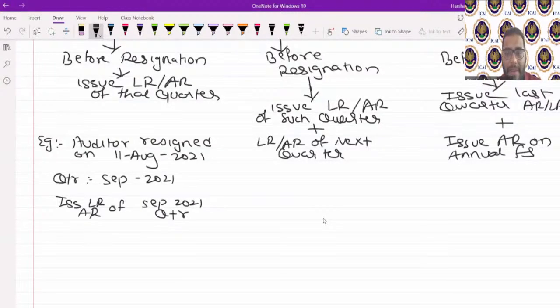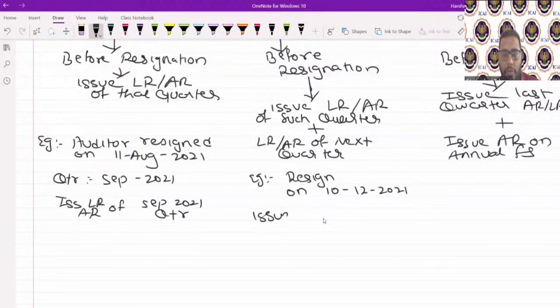Okay. If he resigns on, let's say, 10/12/2021, then issue the September 2021 plus December 2021 quarter audit report or limited review report.